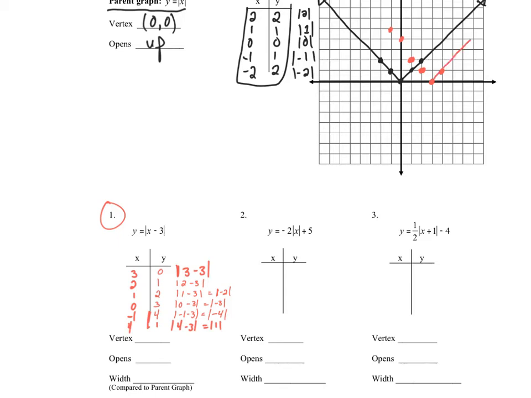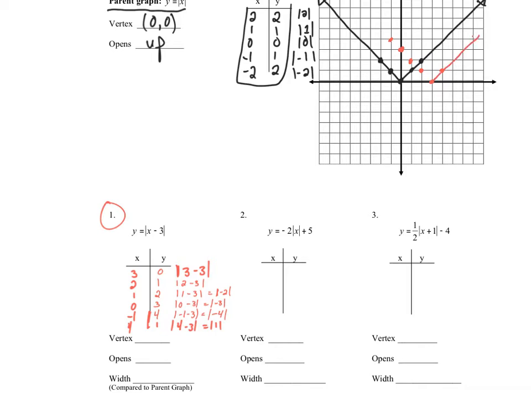Okay, so this would also be a V. You can just see that this V is shifted. I'm just going to regraph the whole thing. So 3, 0, 4, 1, 2, 1, 1, 2, 0, 3, and -1, 4.